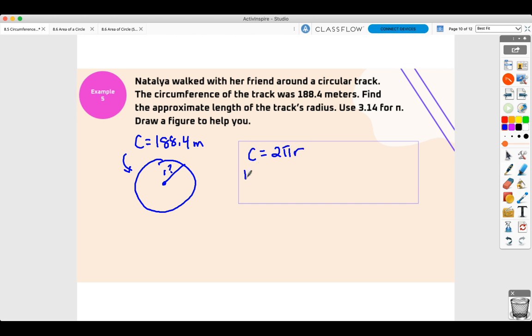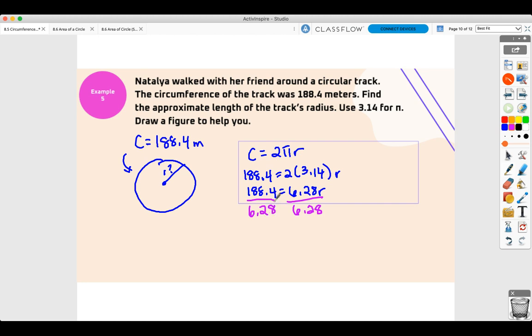So 188.4 is equal to 2 times 3.14 times r. 188.4 is equal to 6.28 times r. And now you can divide 6.28 from both sides.